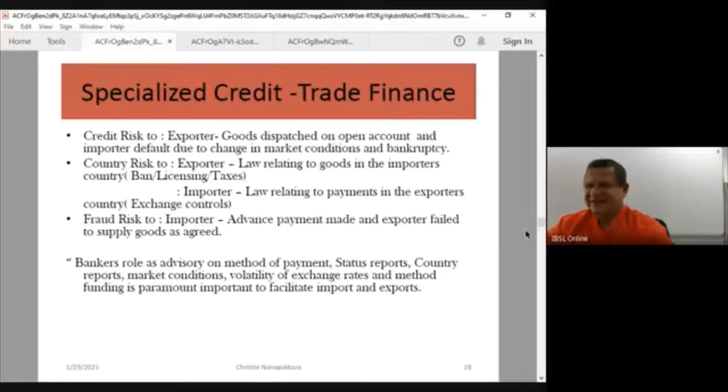Then that part where concentration is actually the act of the lender. Earlier, the counterparty is the act of the borrower. So the borrower's inability to pay will result in non-performing advances, which is credit risk.